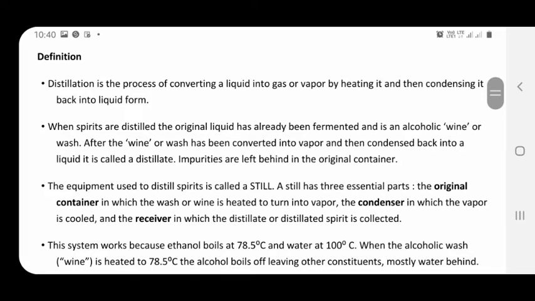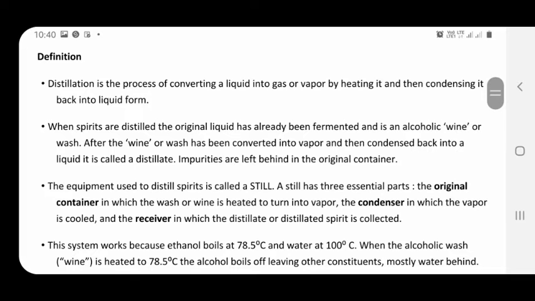The method has many applications, and one of them is the production of spirits. In the distillation process, the alcohol present in the fermented liquid, which is called alcohol wash, is separated from water.